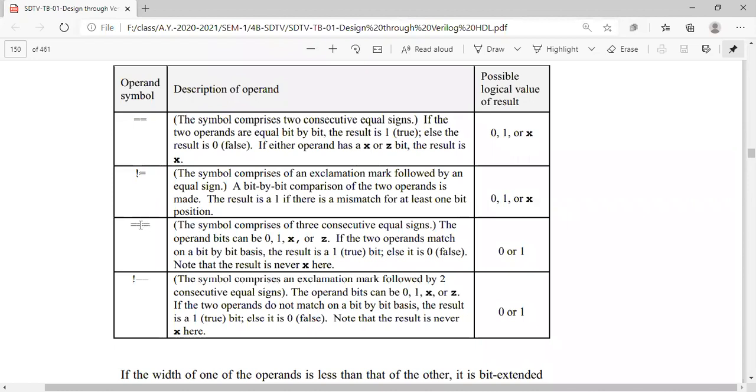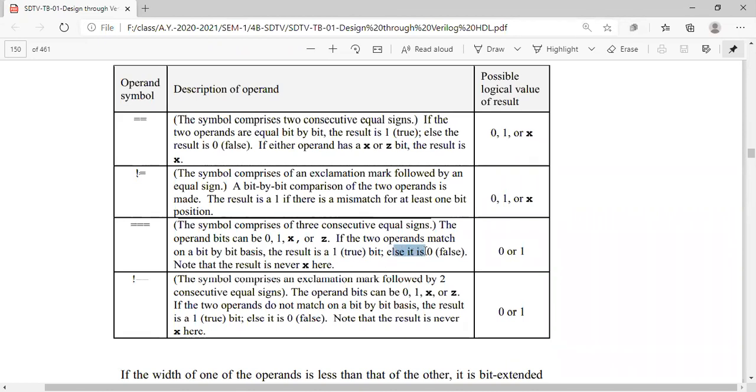Now what is the difference, what is this triple equal? A symbol comprises 3 consecutive equal signs. If I use it like this, now in my operands I can have the values as X or Z. That means if A of 0 is X and B of 0 is also X, it is going to give 1.